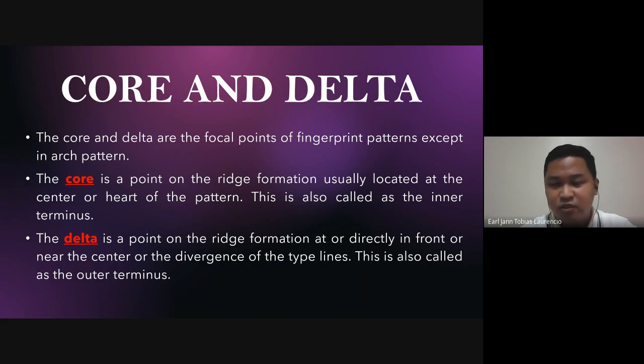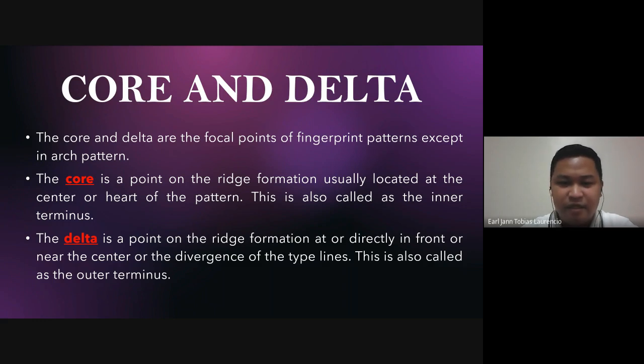But it must also be noted that the core and delta are not present in an arc pattern. This is so because the arc pattern itself doesn't have a type line. So we cannot find any core and delta in an arc pattern, with the exception of the tented arc.